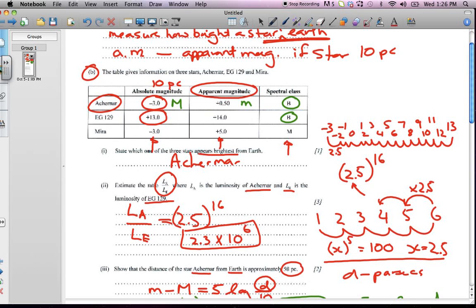But here the absolute magnitude of this is minus 3 and this is plus 13. So the luminosity of this must be far smaller than Acamar. And so this over here would be your white dwarf, which is relatively small, and therefore the luminosity depends on the surface area. And so your EG 1 to 9 would be your white dwarf star.